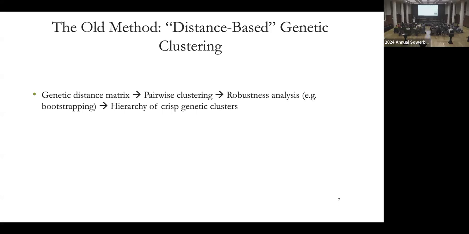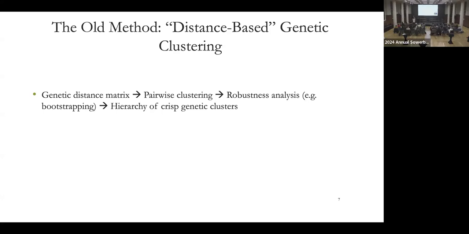This is an example of a pretty popular result of distance-based genetic clustering from the 1990s. Yes, that is the 1900s for the newer generation. That was when I was a high school student and college student, not that long ago. And this is from a classic population genetics text, The History and Geography of Human Genes by Cavalli-Sforza et al.